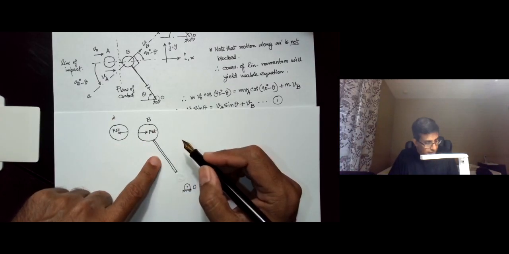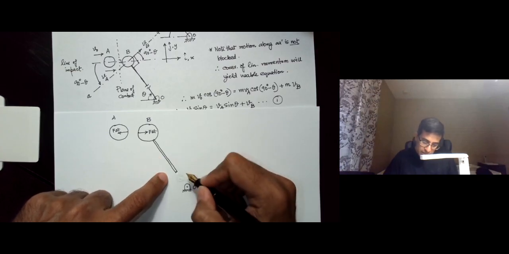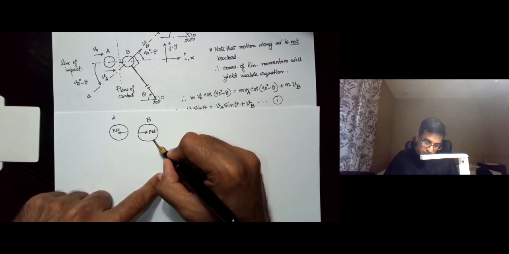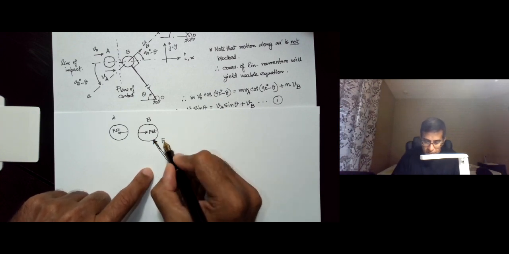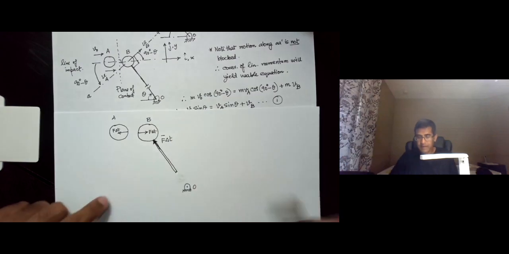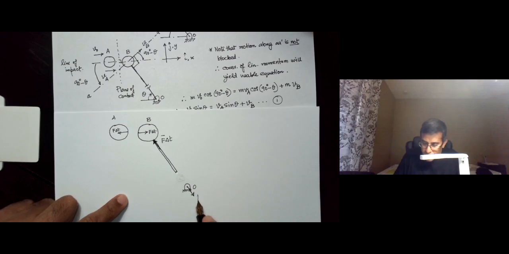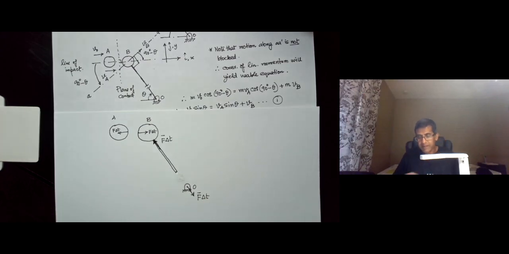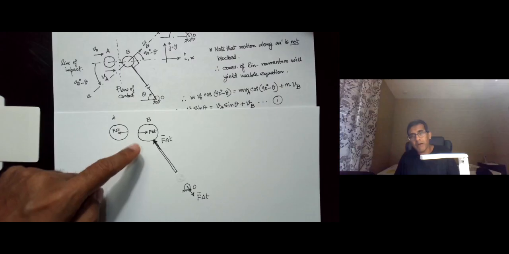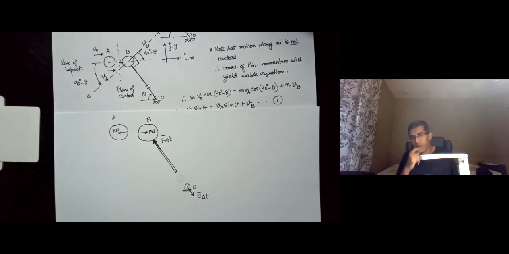Now at the instant of the collision, another thing that is going to happen is that there is going to be an impulse that the ground will provide. It's called F bar delta t, and that will be in response to the same F bar delta t that is provided by the particle B through the bar to the point O. Now this is all happening together because it is a rigid rod.